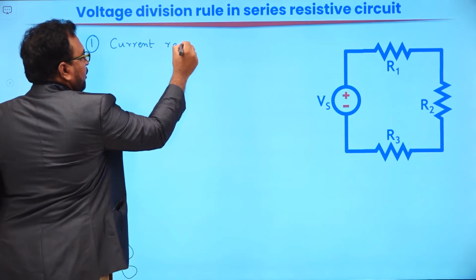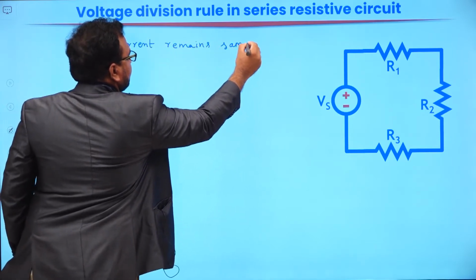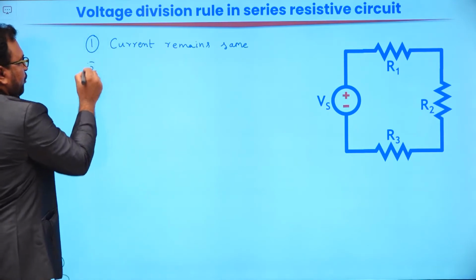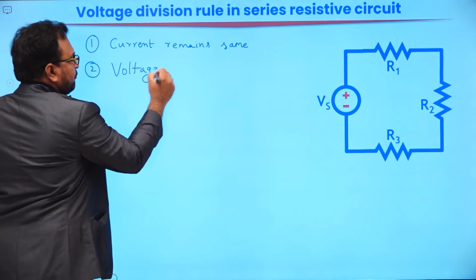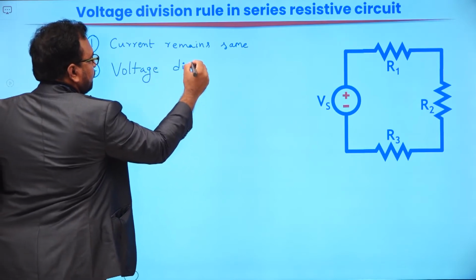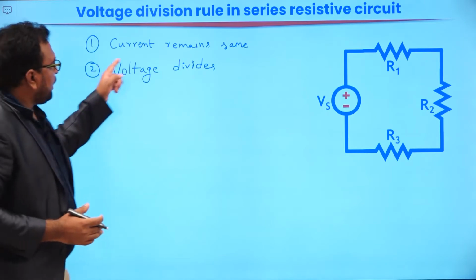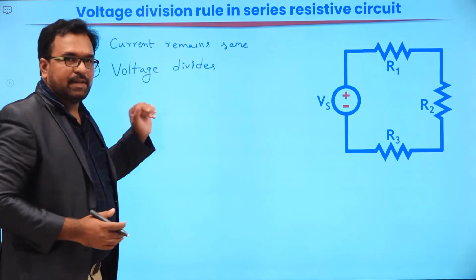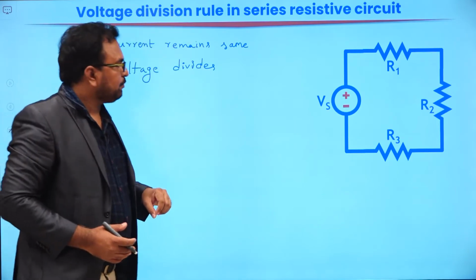Current remains the same. And what is the second factor? Voltage. The voltage will divide. So in case of series circuit, current remains the same, voltage divides. This voltage division only we are going to formulate now.